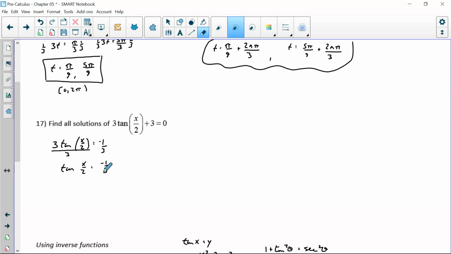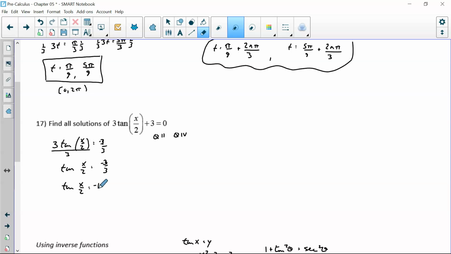Tangent is negative in quadrant 2 and in quadrant 4.